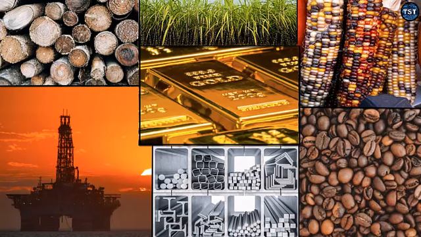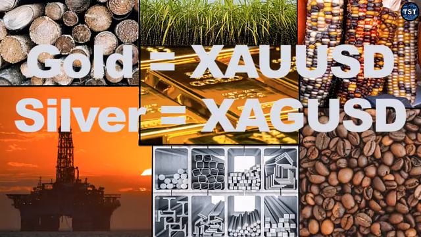Coffee Robusta is LKD, whereas coffee Arabica is KC, and Chicago wheat is C, whereas London wheat is LWB. When the 2 precious metal commodities, gold and silver, are traded against the US dollar in the spot market, their symbols are XAU/USD for gold and XAG/USD for silver.